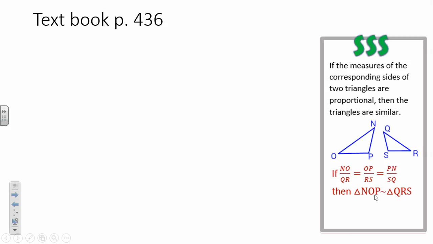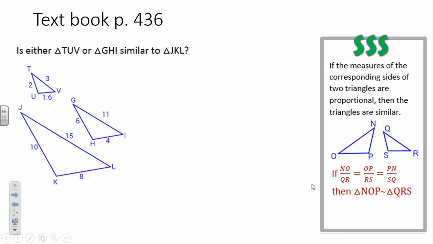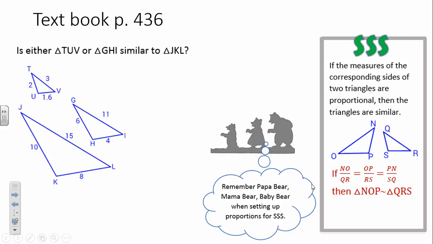We can write a similarity statement. Triangle NOP is similar to triangle QRS. From that, we can decide whether triangles are similar or not when we're given three sides to compare to three other sides.